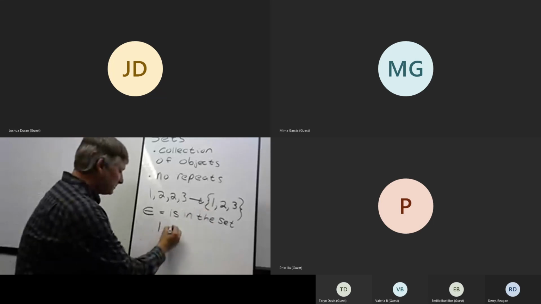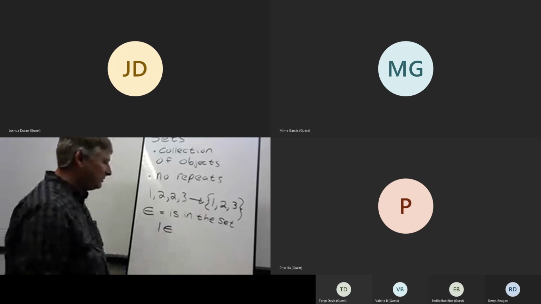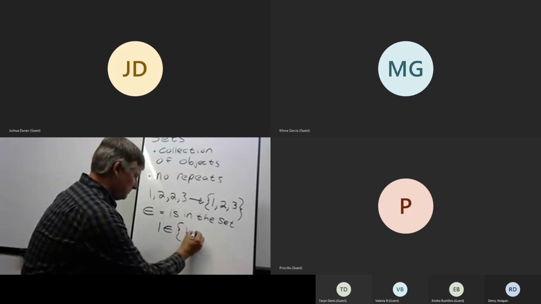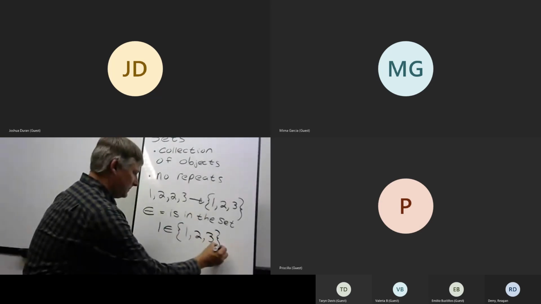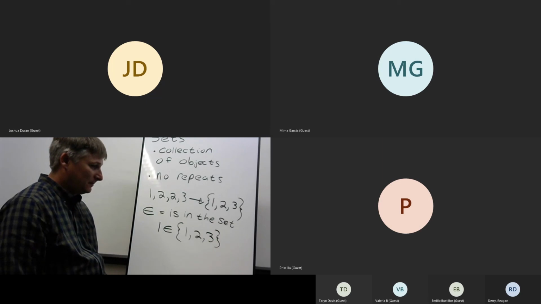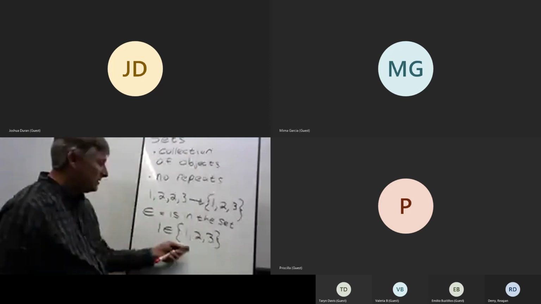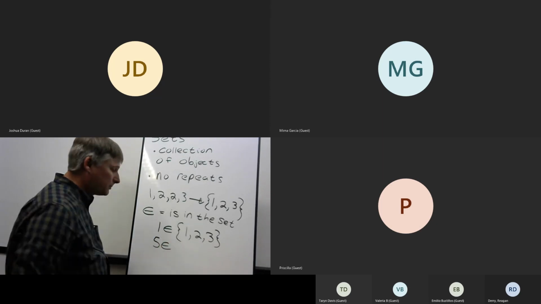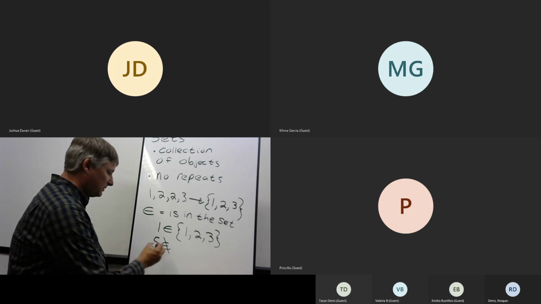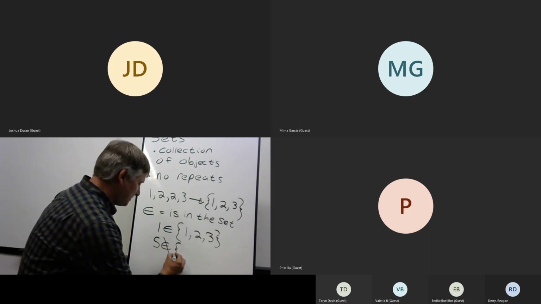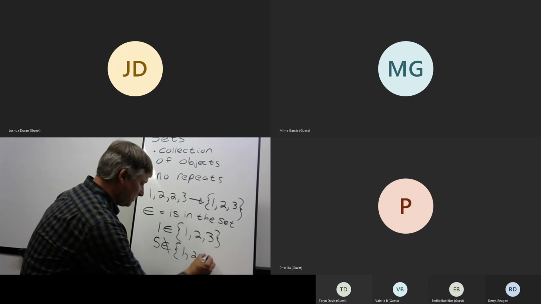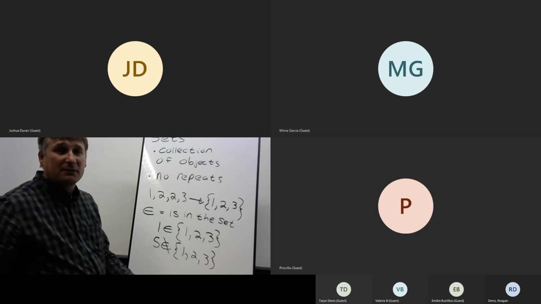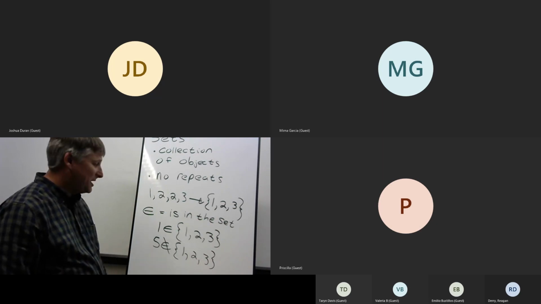So we could write 1 is in or is an element of that set. Now 5 is not in the set. So we would write our element of with a slash in it. 5 is not in this set, or 5 is not an element of this set.